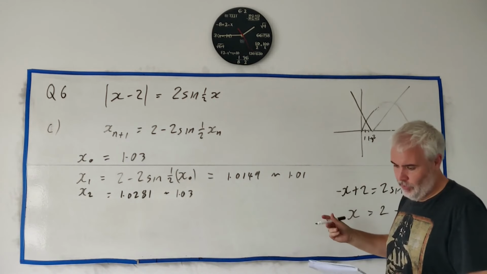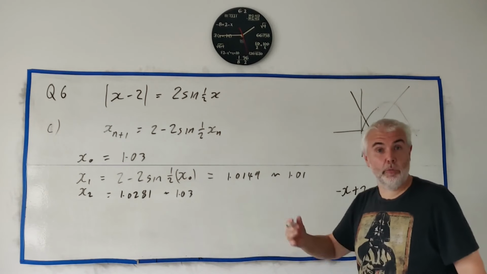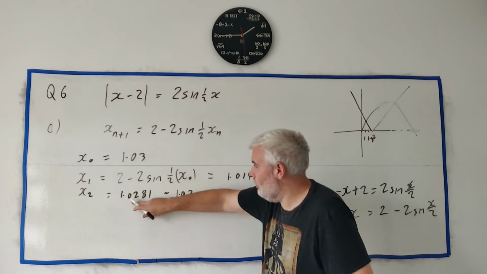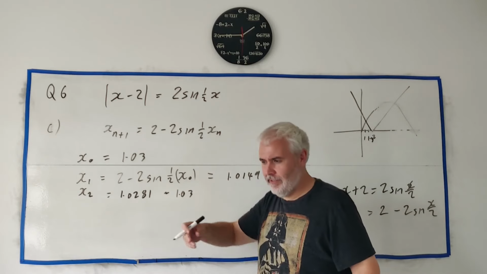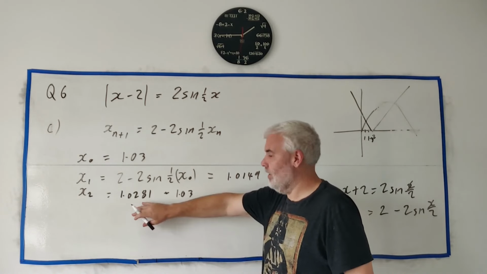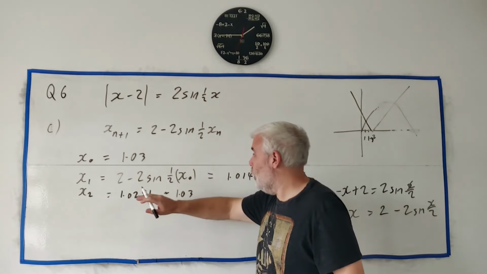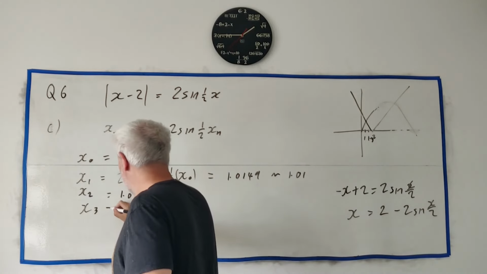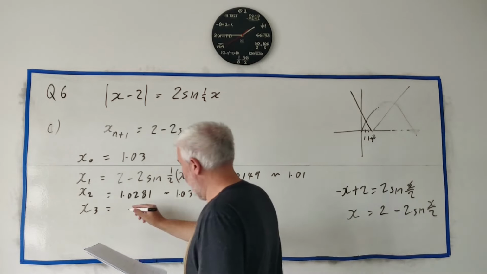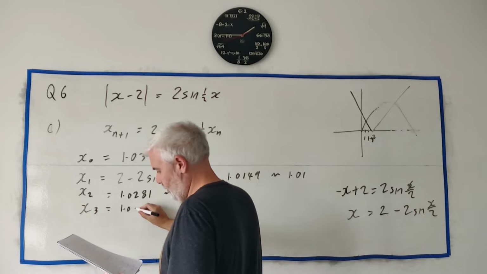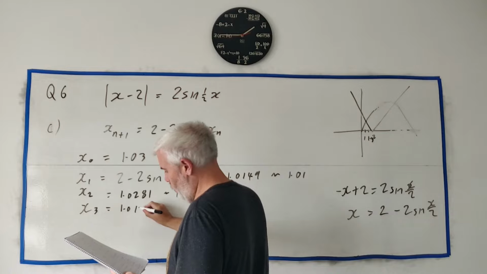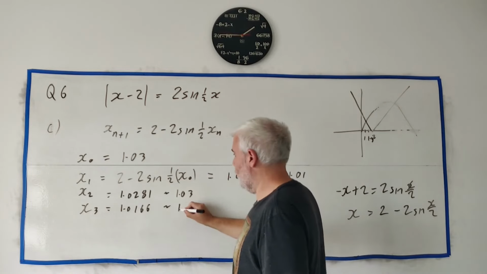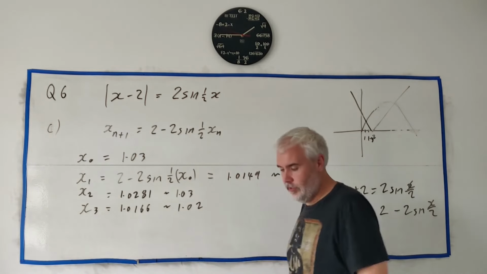Doesn't agree with the previous one, so we keep going. We put this number, the best number we have, or in fact if you have it on your calculator, maybe we have 10 decimal places, back in here and get the next one. And let me tell you a little shortcut for doing all this as I write this out. 1.0166, which is approximately 1.02, still doesn't agree.